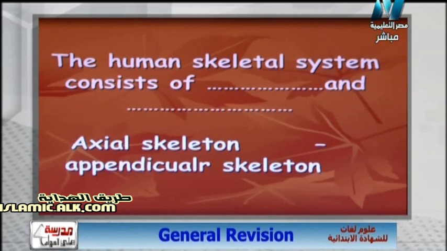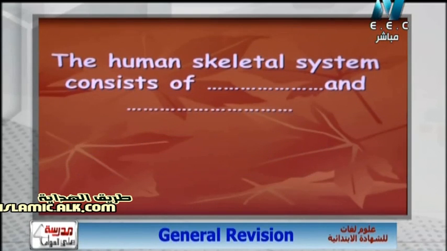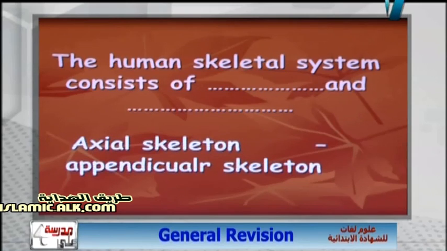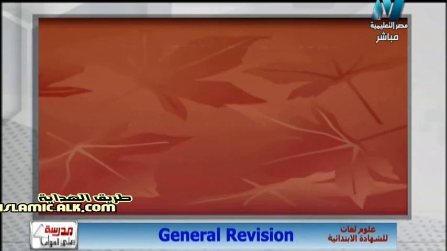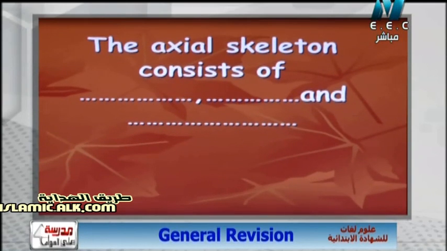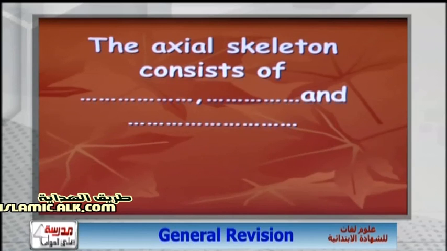So what about the appendicular skeleton? The appendicular skeleton consists of two main parts which are the upper limbs and also the lower limbs. So here again the question says the human skeletal system consists of what and what? Surely it will be the axial skeleton and appendicular skeleton. Another question: the axial skeleton consists of what and what?